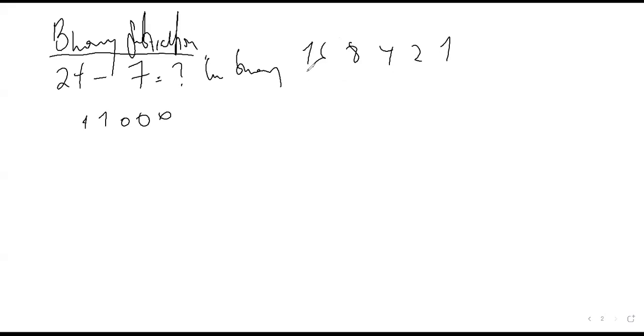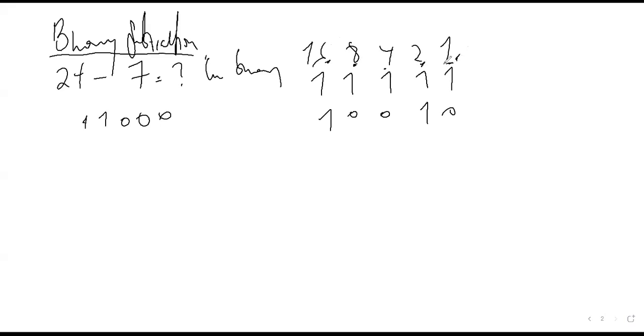So when you have 1, 1, 1, 1, 1 here, it means you are adding 16 plus 8 plus 4 plus 2 plus 1. When I have 1 0 0 1 0, it means I'm adding 16 plus 0. We don't add this, plus 2, plus 1.